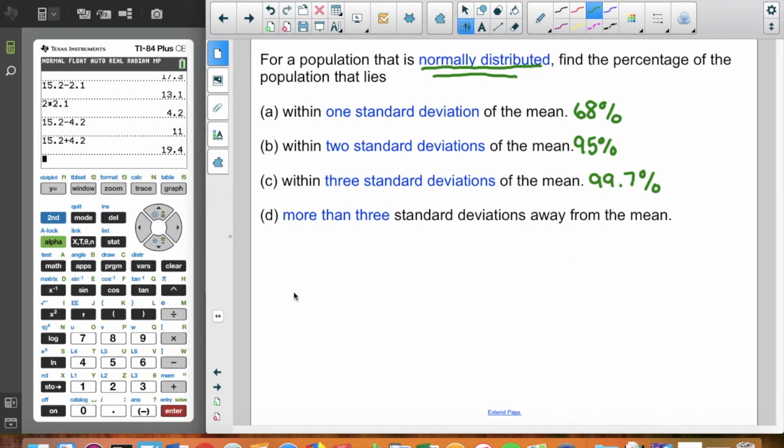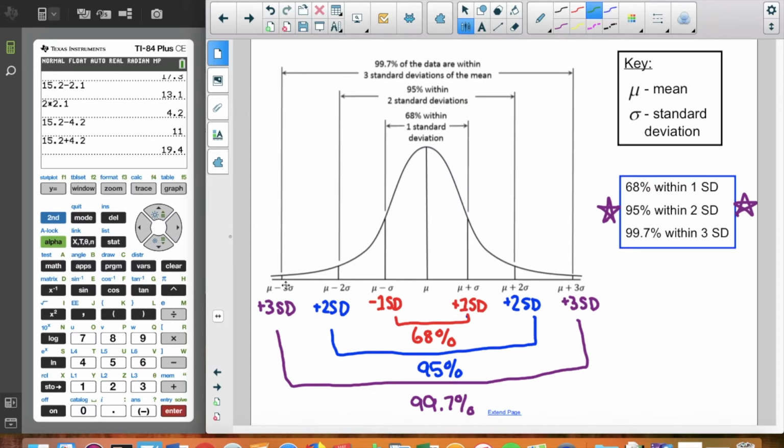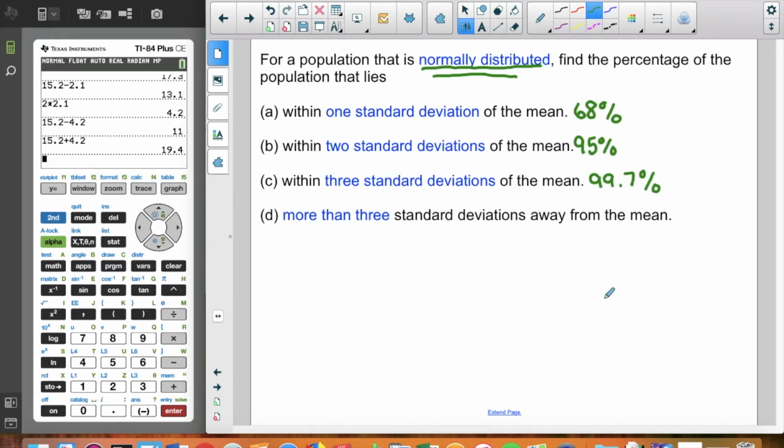We kind of have to do a little bit of work here. So I'm going to go back for a second. If this is 3 standard deviations away from the mean, more than 3 is like these 2 little corners over here, okay? So what we have to do to find that is we know that the biggest you can have is 100%, right?